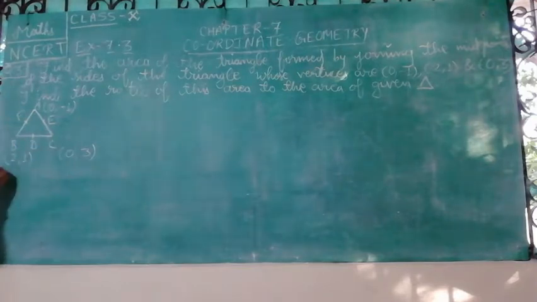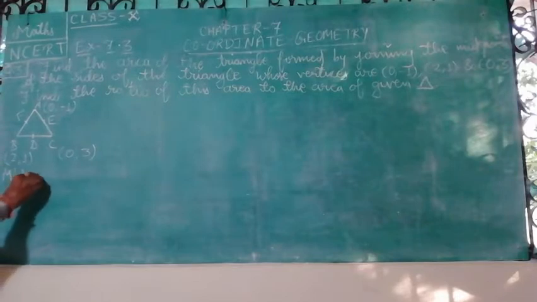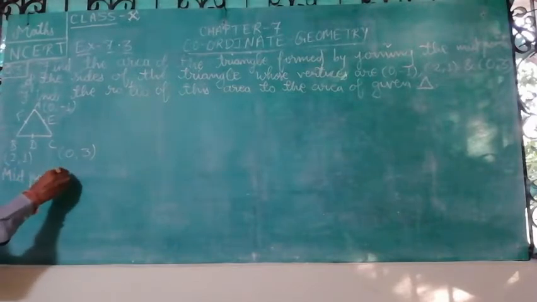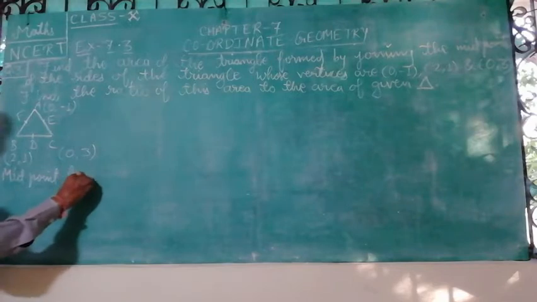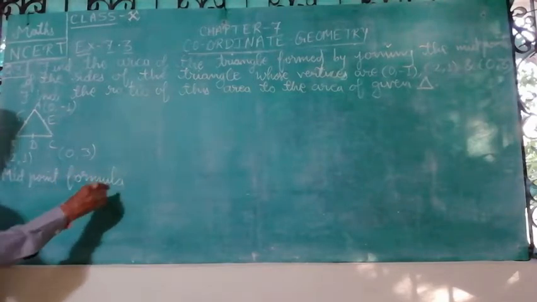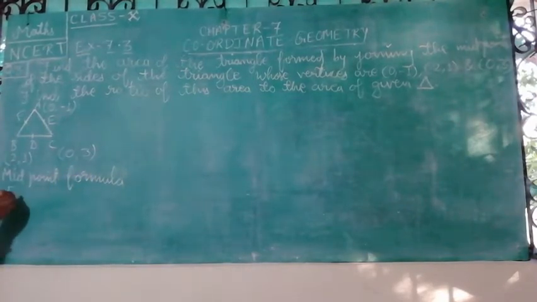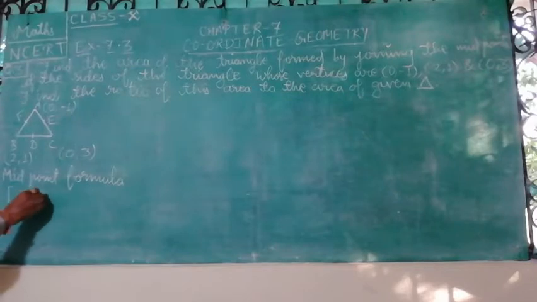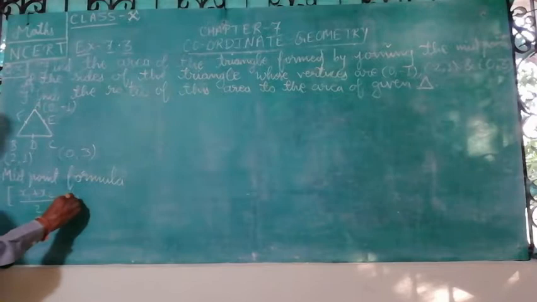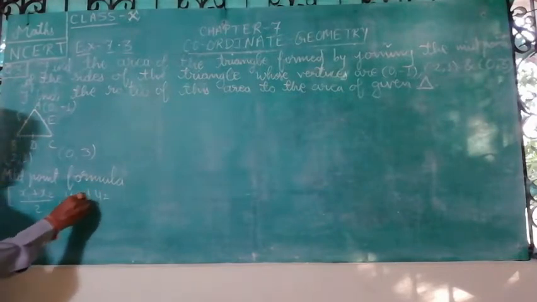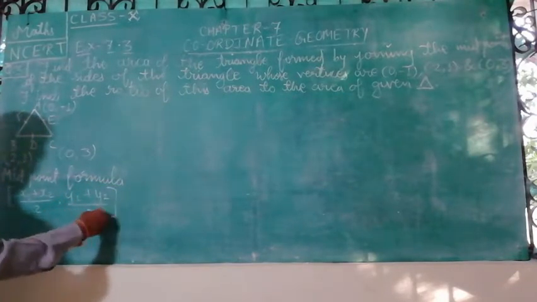So the midpoint formula is (x1 + x2)/2, (y1 + y2)/2. This is the midpoint formula.